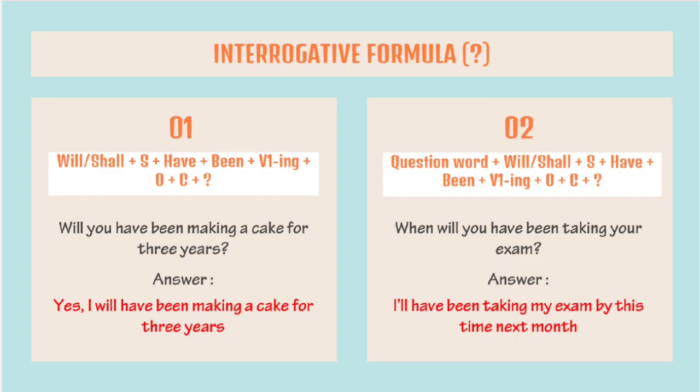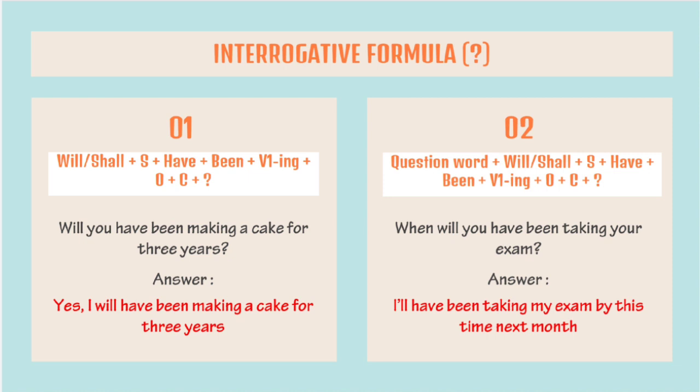There are two forms of formulas for the interrogative sentence, and the difference is at the beginning of the interrogative sentence and how to answer it. First formula, like what I said before, we can use will or shall plus subject plus have plus been plus verb 1 plus ing plus object plus complement and the question mark.